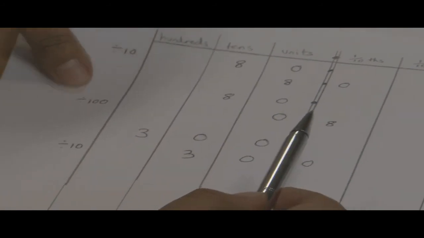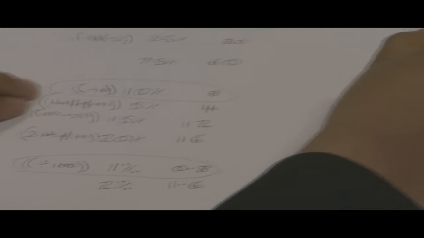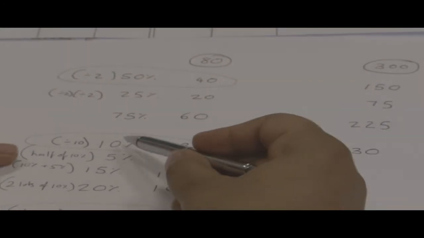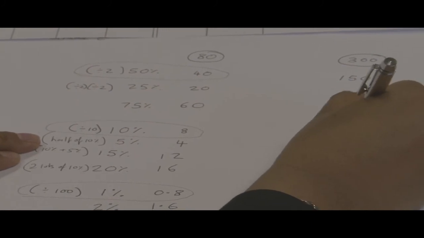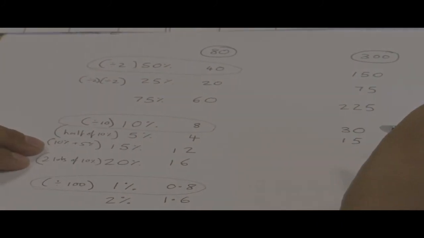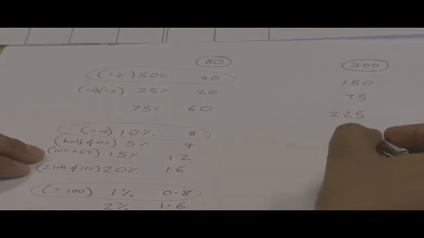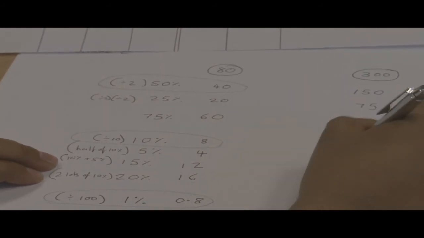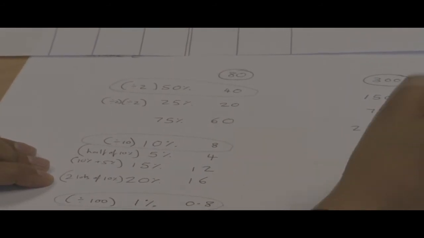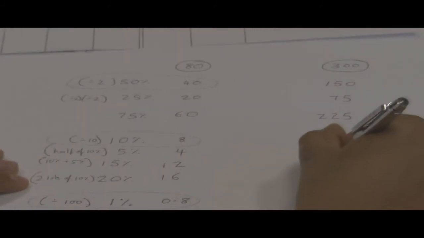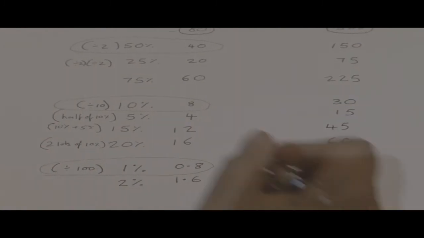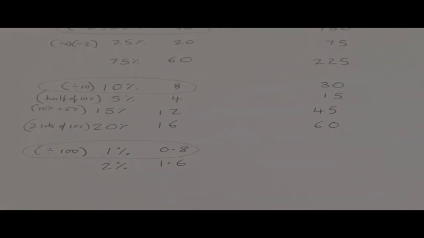So 300 divided by 10 gives us 30. Okay, so 10% is 30. Want 5%, you halve that, 15. Okay, want 15%, we add these two together. If you want 20%, you have two lots of 30, which gives us 60. Okay, same as those methods there.